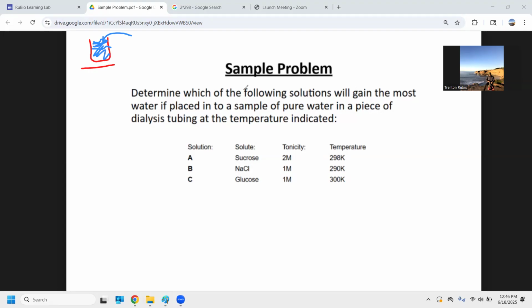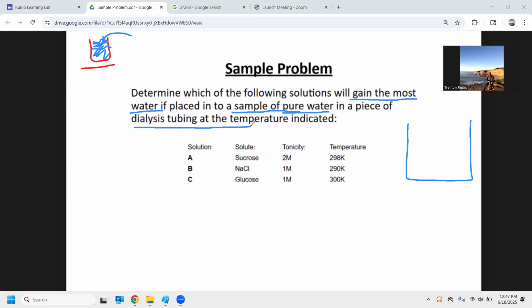Okay, so this problem says, which of the following solutions will gain the most amount of water if placed into a sample of pure water, in a piece of dialysis tubing at the temperature indicated? Let me draw a quick diagram to show what they're saying.